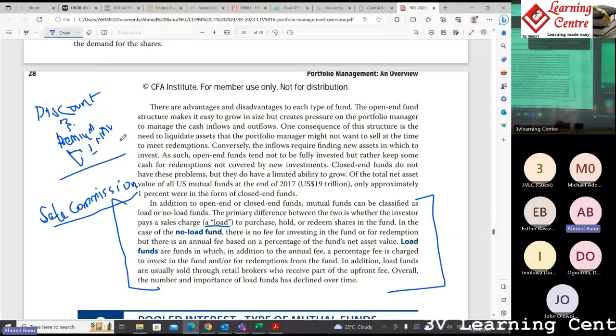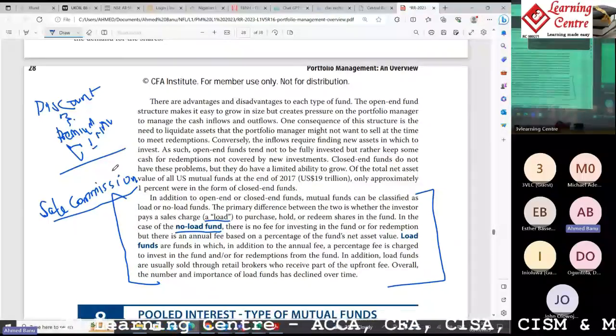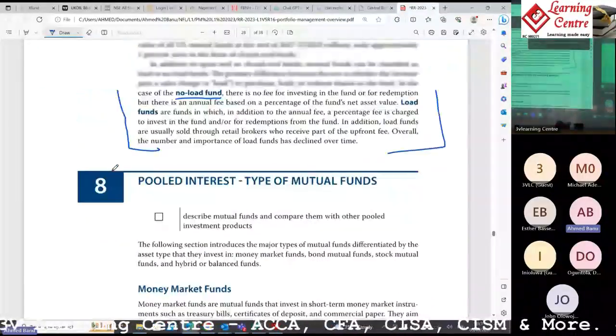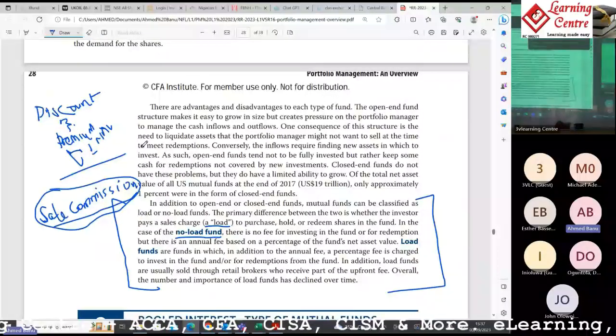At the end of my investment, if I want my money back, they will take that 50 naira again. So that's back end and front end. That's what we call the load. Most funds in Nigeria don't have loads because we don't follow that structure. It's an American structure.